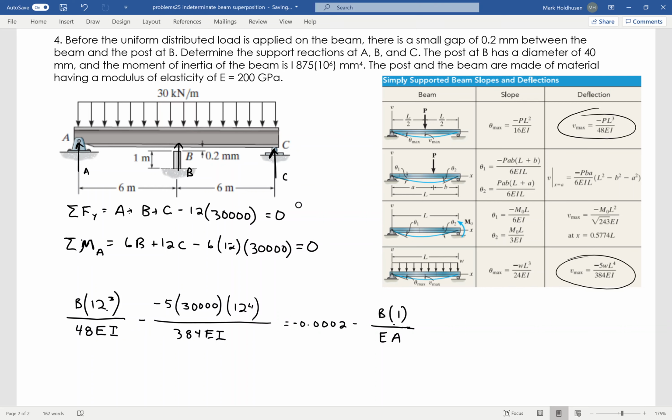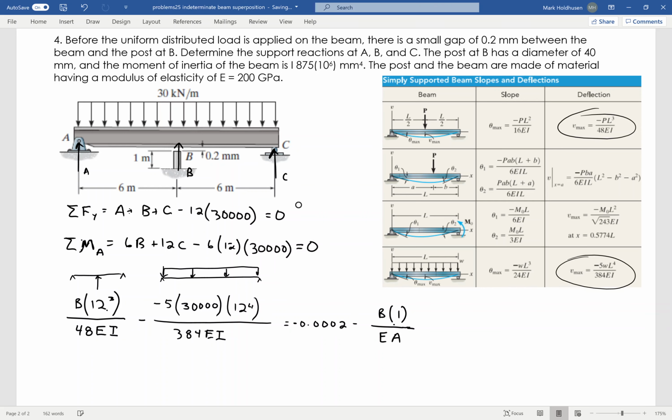Okay, so notice I got this big, huge equation right here to solve. Again, what I have here is the deflection due to that, right? This is the deflection due to this guy, the distributed load.